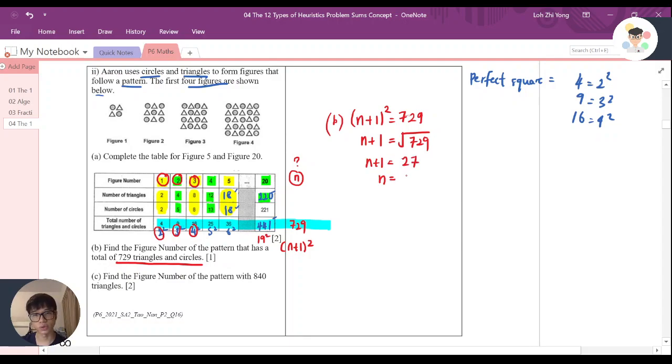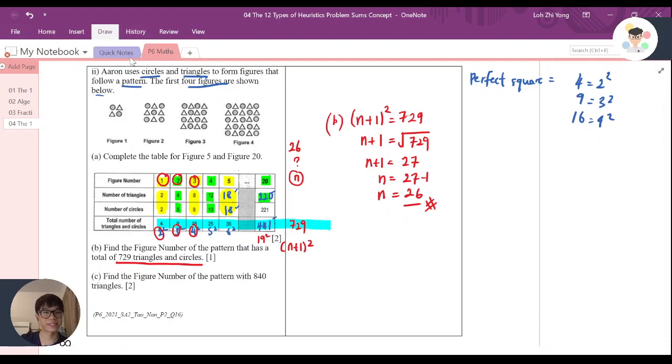And n is equal to 27 minus 1, so n is equal to 26. That is the figure number. It means that when it is figure number 26, there are actually 729 triangles and circles. Of course, you can straight away square root 729 and then minus 1. Yeah, you can do that straight away, okay? But I'm just doing it step by step.